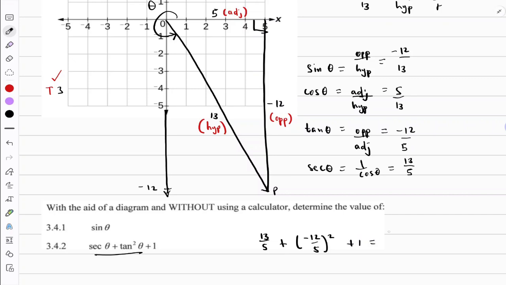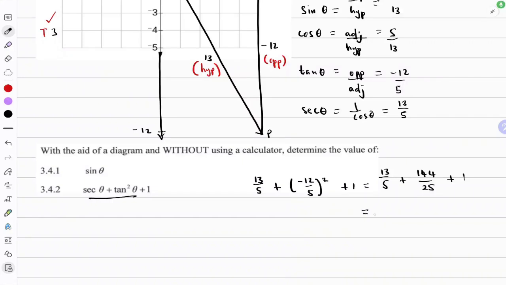So this is equal to 13 over 5 plus 144 over 25 plus 1. So this can be seen as 65 over 25, because 13 over 5 and 65 over 25 are equivalent fractions.